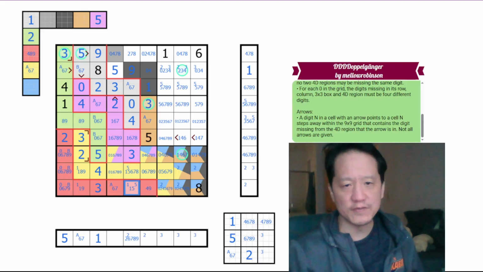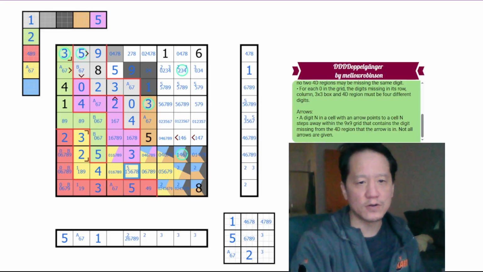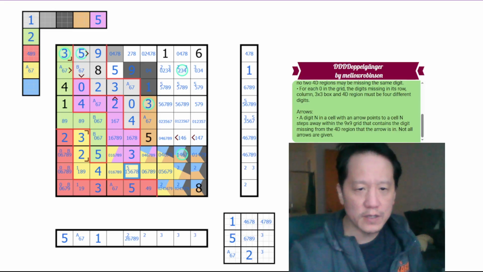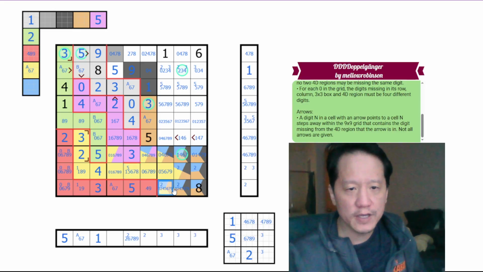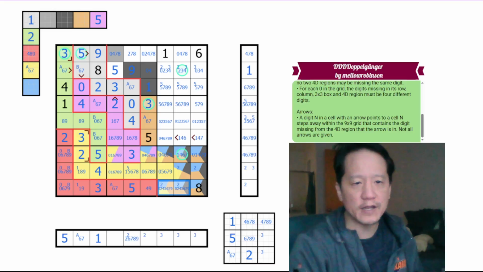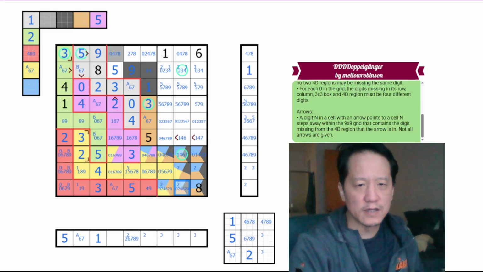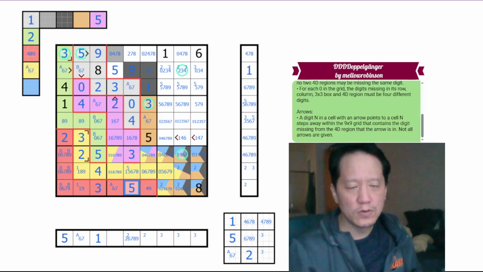This can't be 5, so this must be 5 here. Which means we cannot have 5 remaining in row 9. We need a 1 somewhere in the red region.